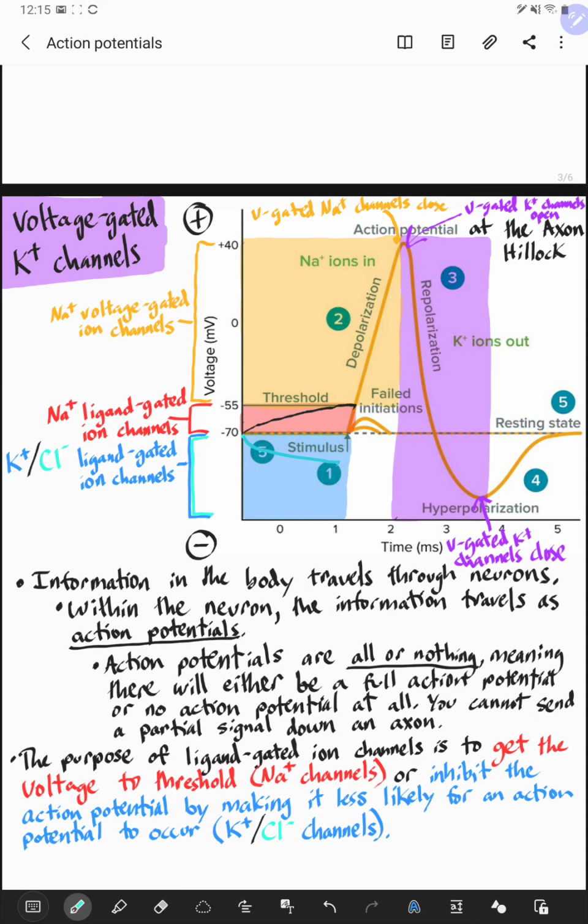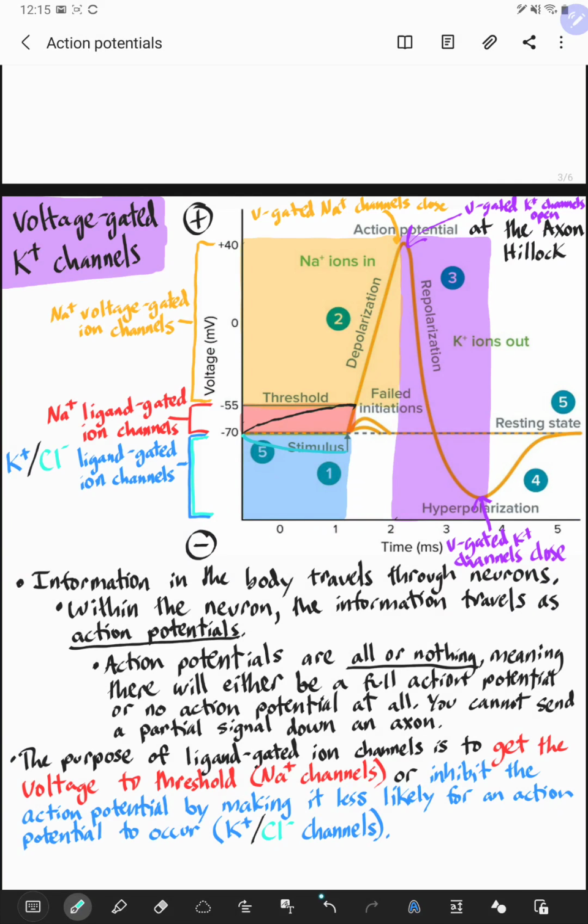And when we get further from threshold, that means it's less likely to get to threshold. And the only way that an action potential can occur is if we get to threshold. So notice that chlorine is making it harder to get to threshold.